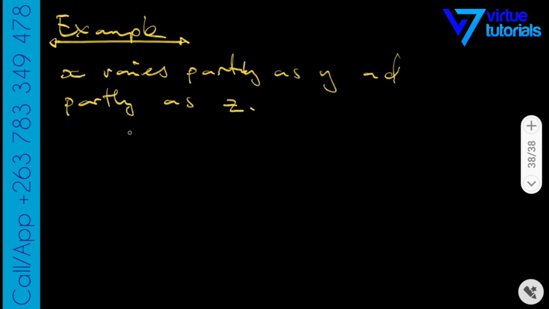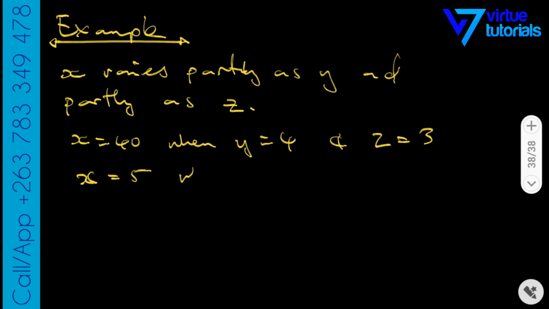So we're told x is equal to 40 when y is equal to 4 and z is equal to 3, and then x is equal to 5 when y is equal to 2 and z is equal to 1. So let me just make it clear, that's a z there.